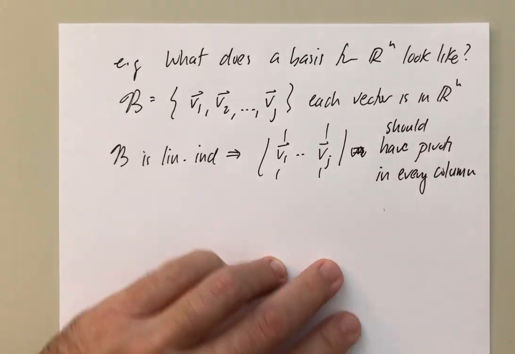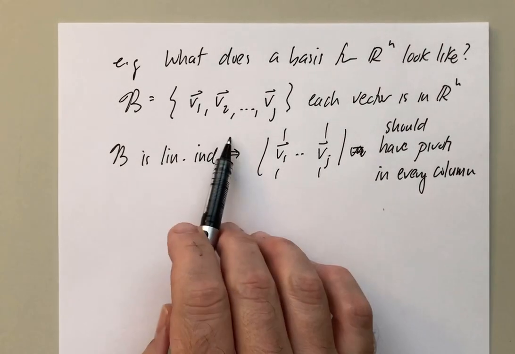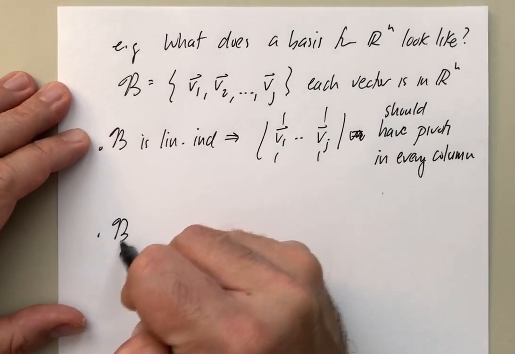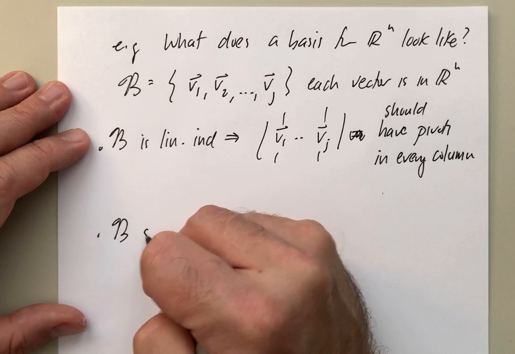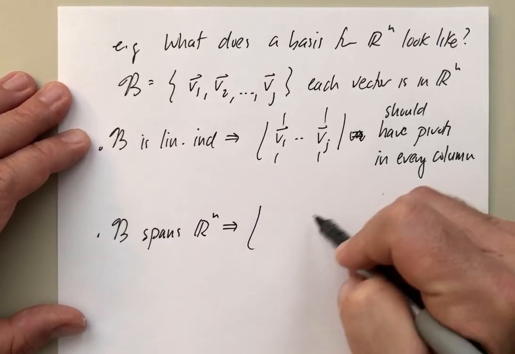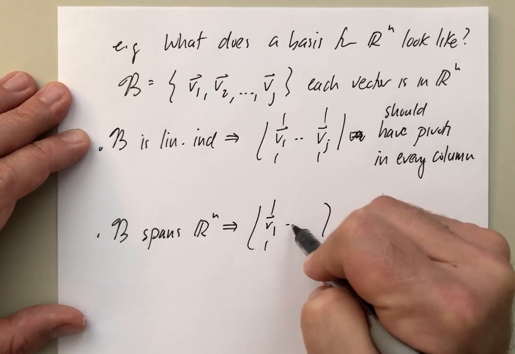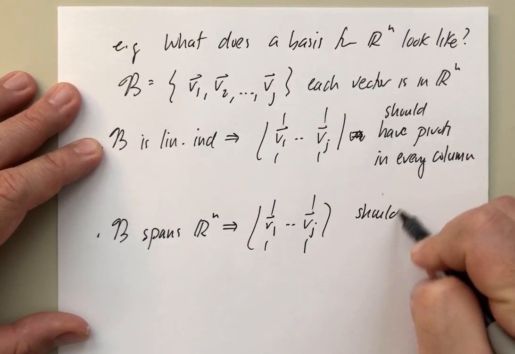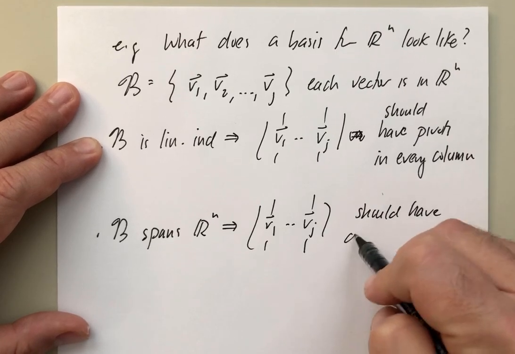Remember, pivots in every column is equivalent to saying that the collection is linearly independent. That was our first condition, but we also want B to be a spanning set, right? So to say that B spans Rn implies that this matrix, V1 through Vj, should have a pivot in every row, right?